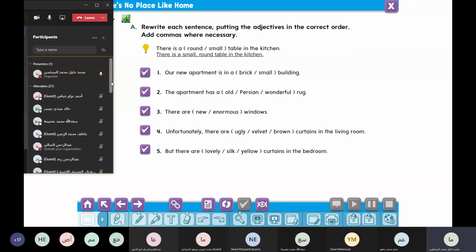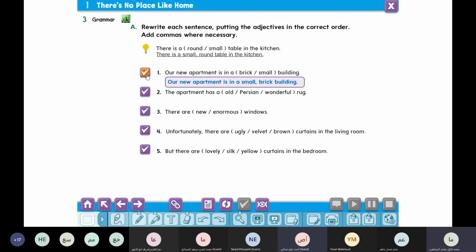Ahmed Azam. Okay. Our new apartment is in a brick small building. Our new apartment is in a small brick building. Good. Thank you. Here we arrange the adjectives according to what?